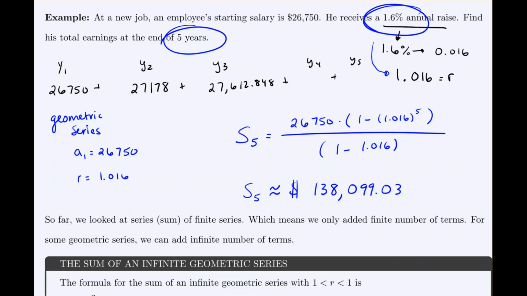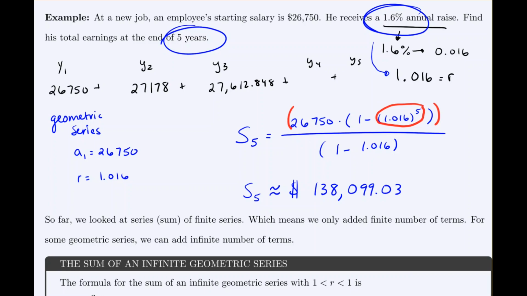One key tip: if you're typing all this into the calculator, be sure to use parentheses, and then you say divided by all of the bottom in parentheses, and the exponent of 5 is only going to this term, not to 1 minus 1.016.